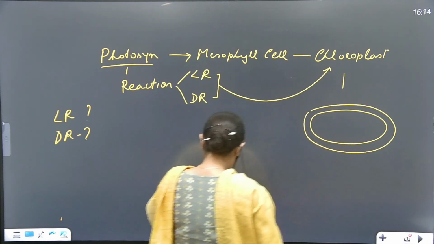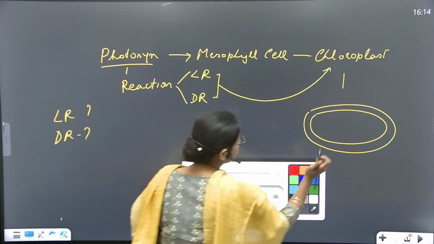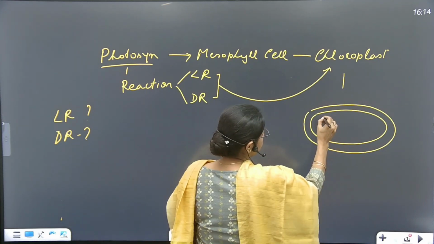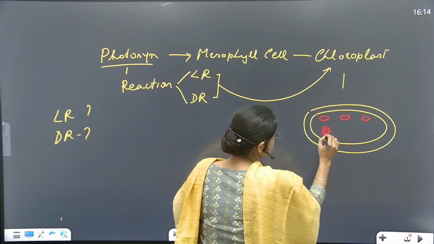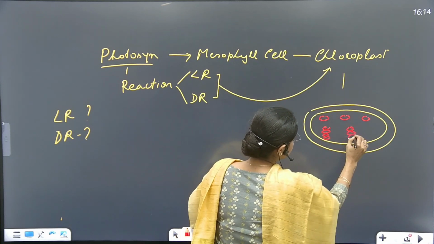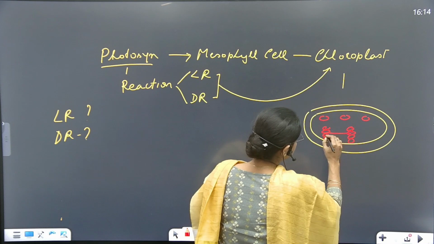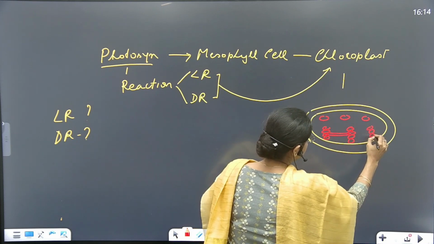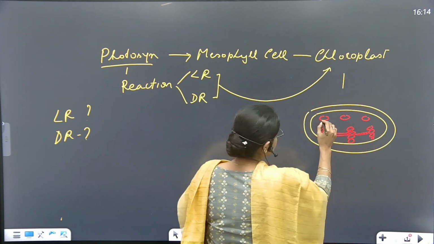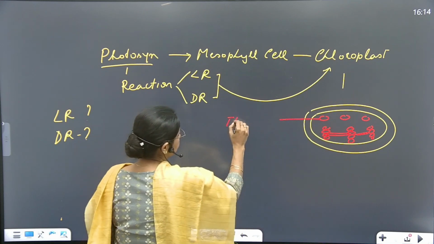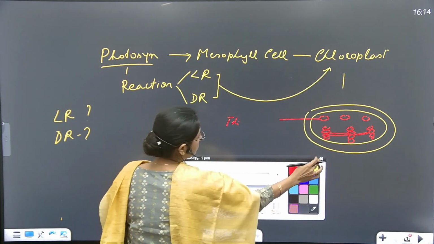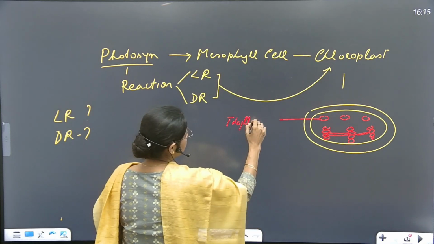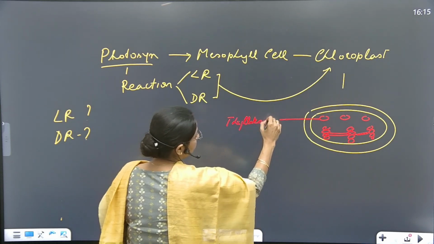Here we have sac-like structures, and certain structures like this also, right? This is called thylakoid.